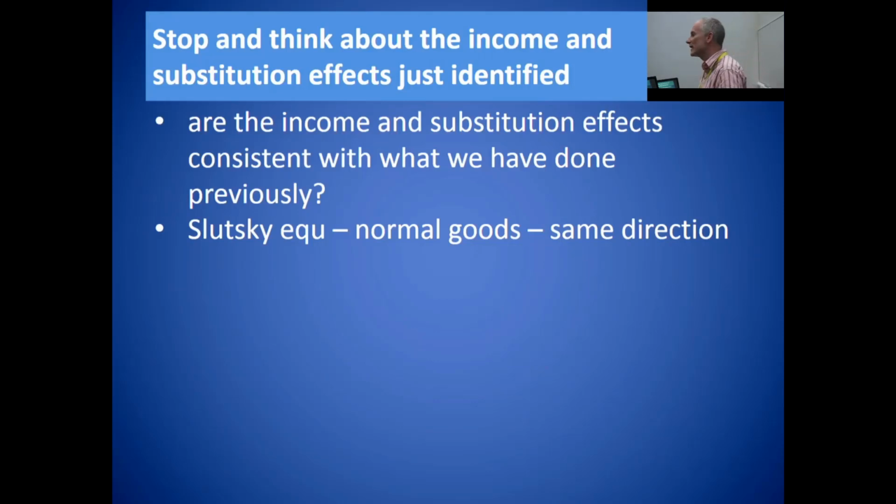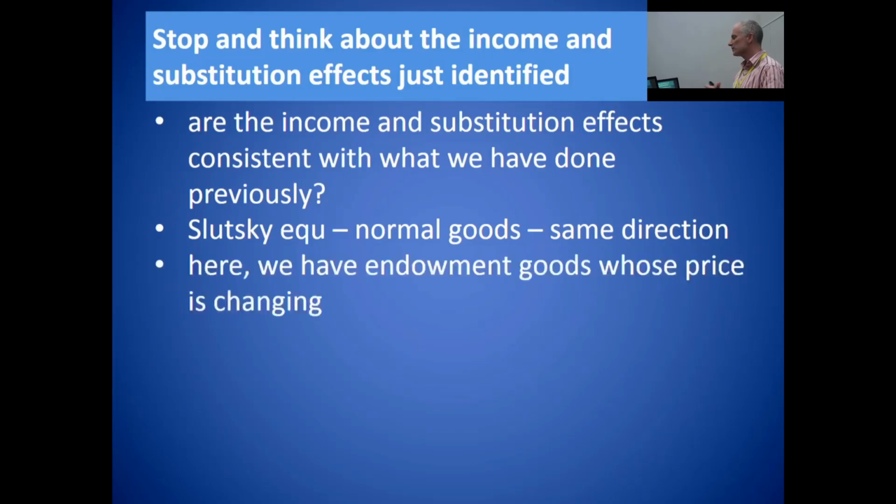Now, I just said what we got here, current consumption and future consumption, they're both normal goods. And yet I said the reason we get this ambiguity is because income and substitution effects move in different directions. So it doesn't quite tally with what I said at the beginning of the lecture and what I've just said there now.